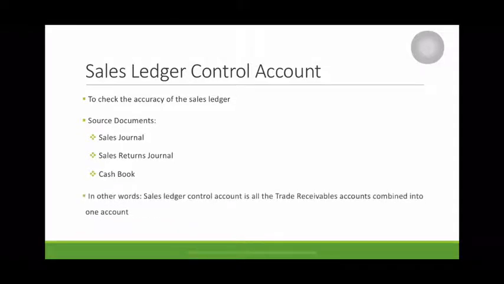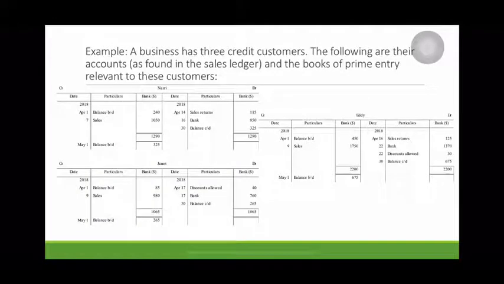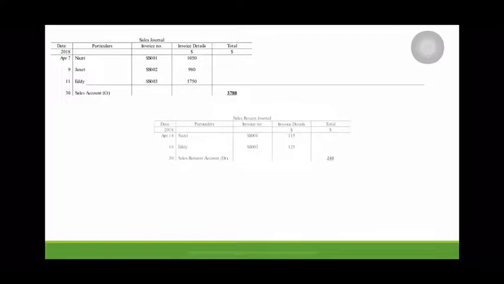In other words, sales ledger control account is all the trade receivable accounts combined into one account. Instead of checking all individual trade receivable accounts, we compile them in a control account, and that's how we keep track and make sure that the sales ledger is recorded accurately. We've seen an example of a question, so I don't have to go through this anymore.